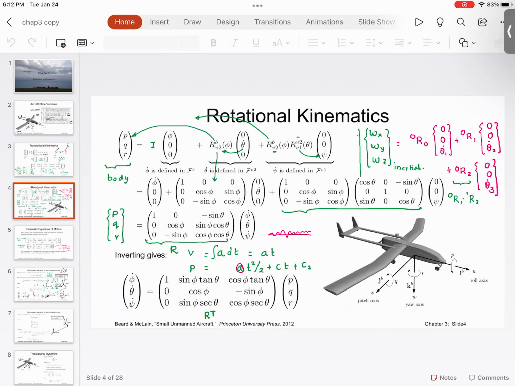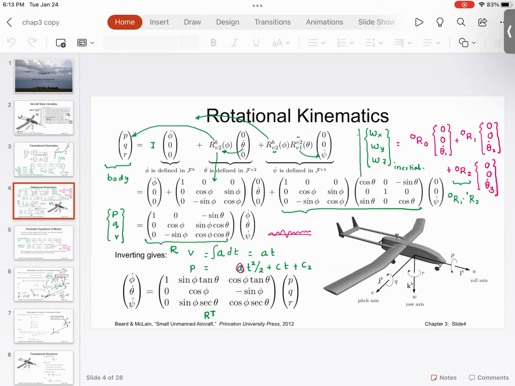Now let's talk about rotational kinematics. The rotational kinematics equation: you have the body angular velocities, and those are related to the inertial rates, which are the roll rate, phi dot, then the pitch rate, theta dot, and the yaw rate, psi dot.